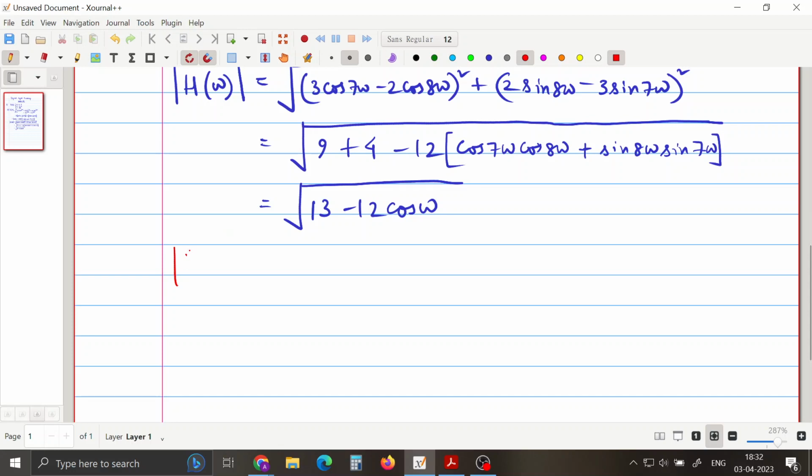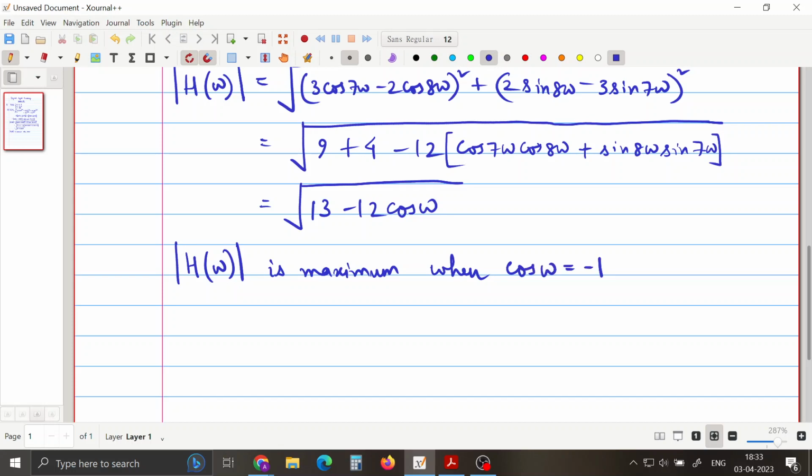So the magnitude is maximum when cos omega is minimum, that is when cos omega equals -1.